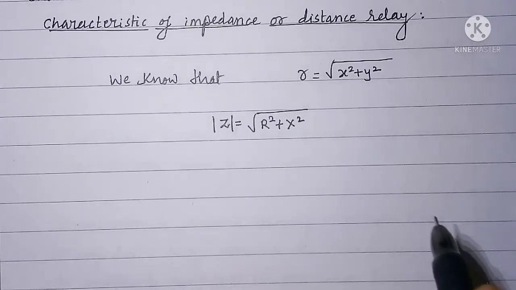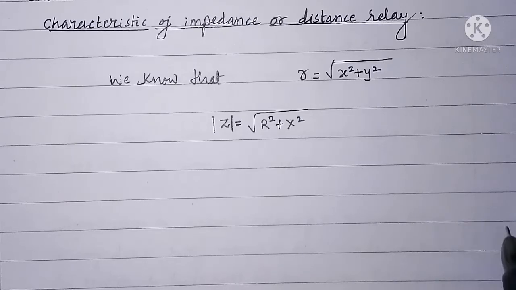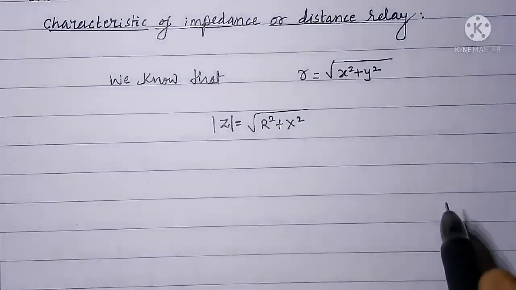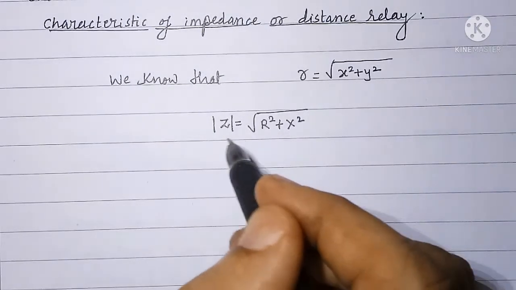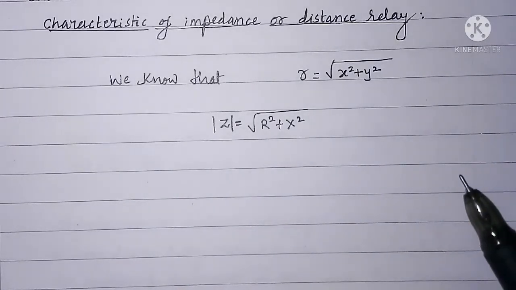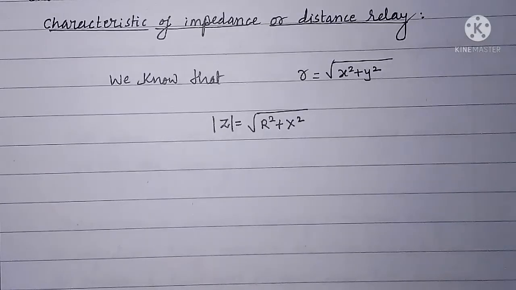And if we take along x-axis resistance and along y-axis reactance, then on RX plane, Z set will be representing a circle centered at R equal to 0 and X equal to 0.